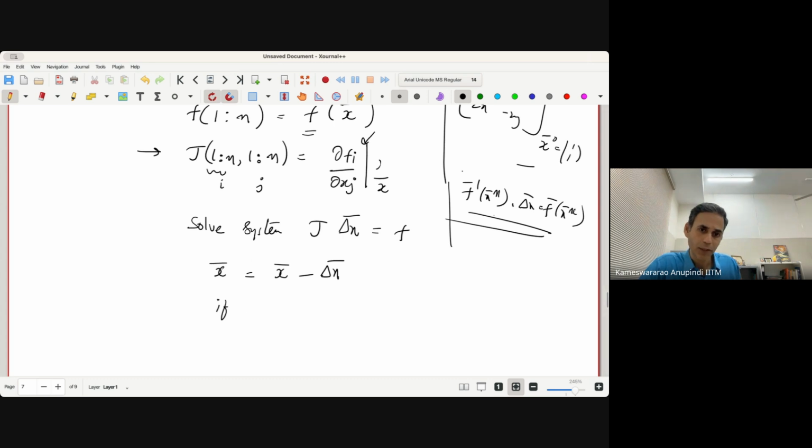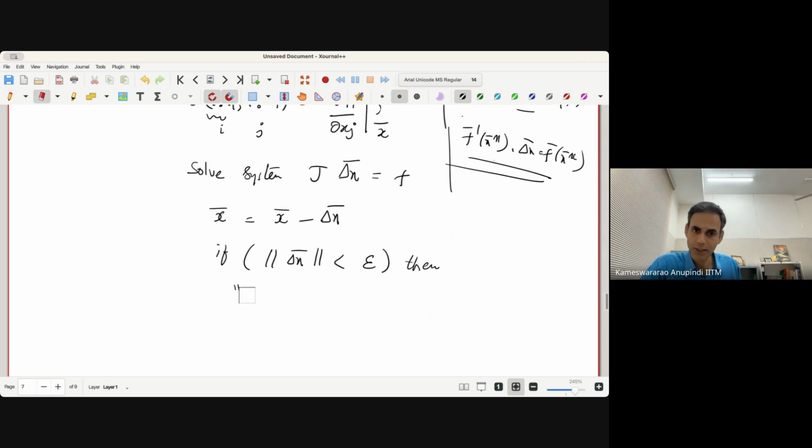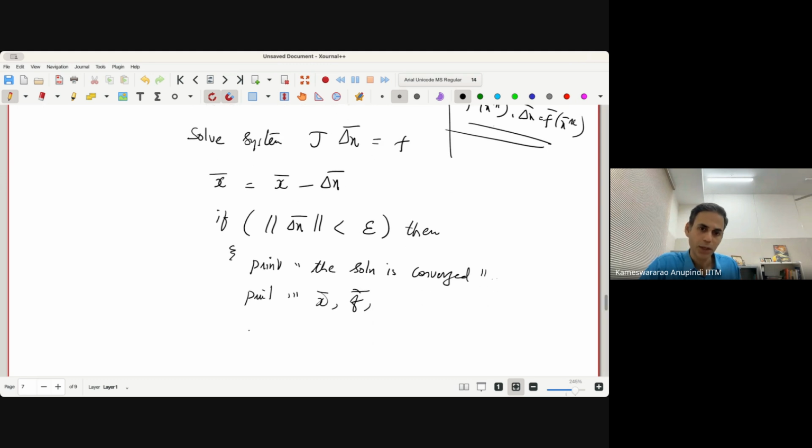Now, if the norm of the delta x bar is less than some tolerance, then I can print that the solution is converged. We can also print the finalized values, x bar comma f bar, and then we can return.